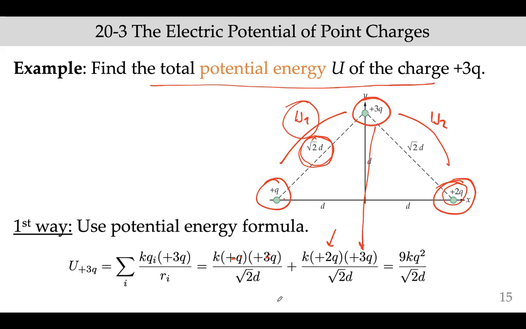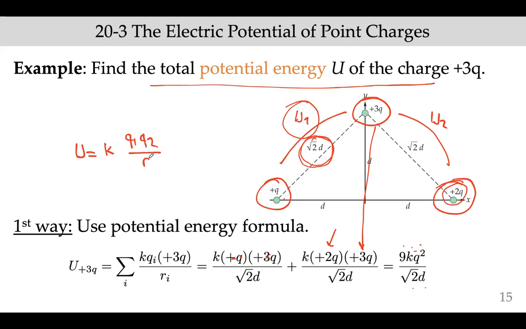And if you sum these up, you end up with 9k q squared divided by square root 2d. So this is the first way to solve this problem. We basically use the formula k q1 q2 divided by r.